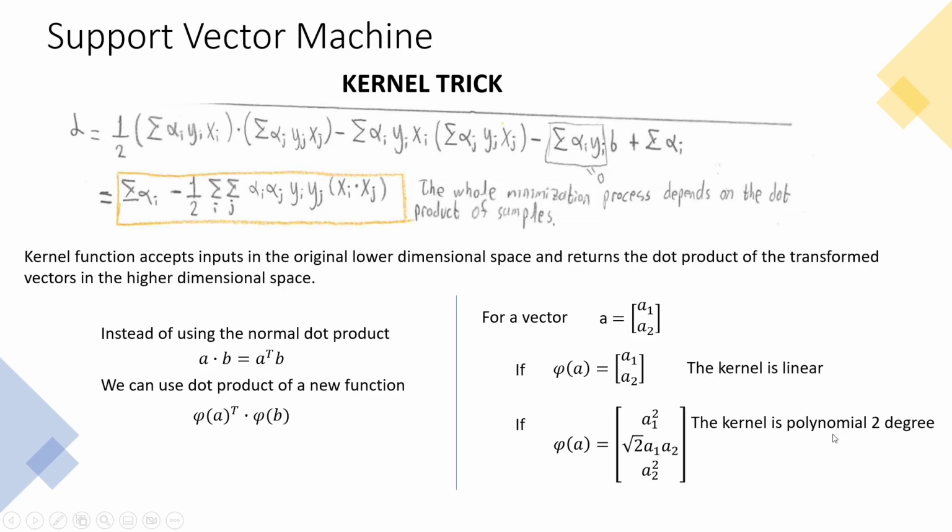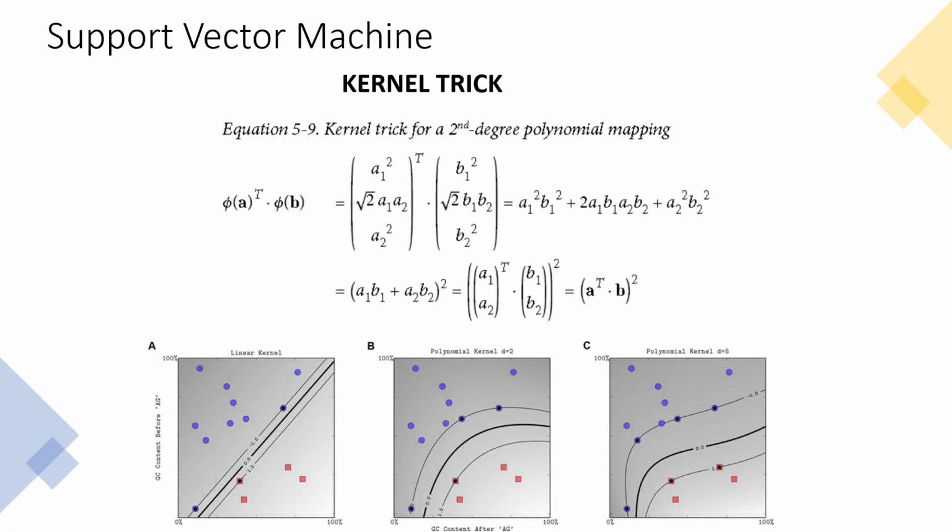If you use a polynomial kernel, second-degree polynomial, then our kernel is something like this. Okay, and this is basically how your decision gets affected from using a kernel. With a linear kernel, you obtain something like this. If you use a polynomial kernel, second degree, you obtain something like this.